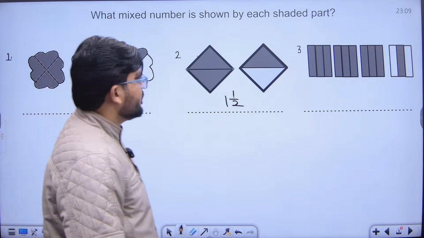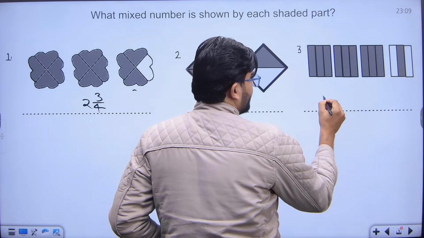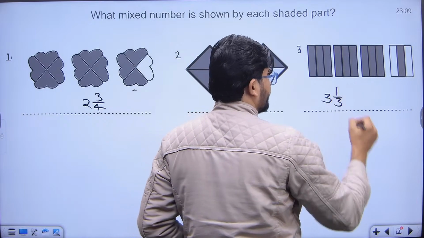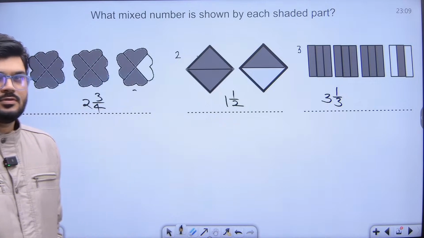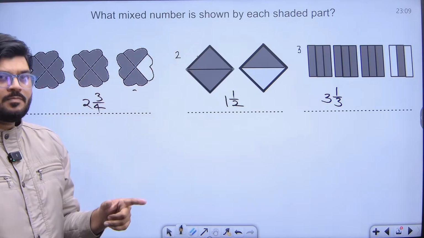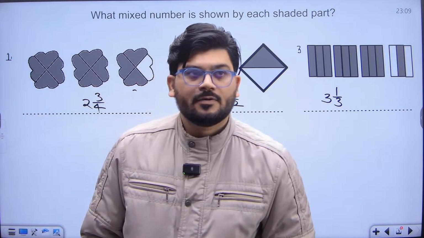So the third option will be 1 2 3 and then 1/3. So you will say 3 1/3. What mixed number is shown by each of the shaded parts? So this is your answer. I hope you get that.